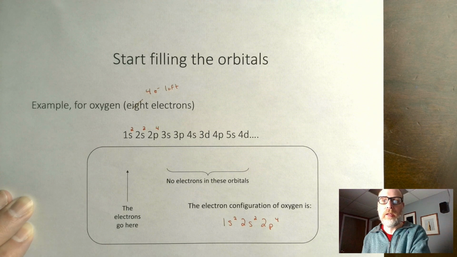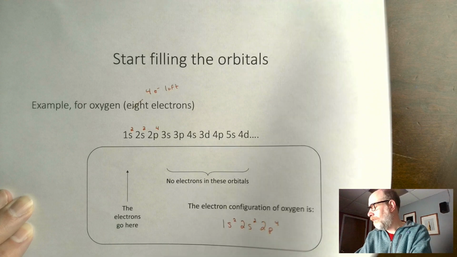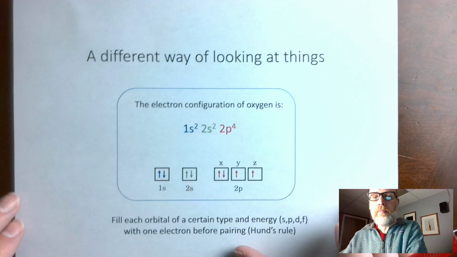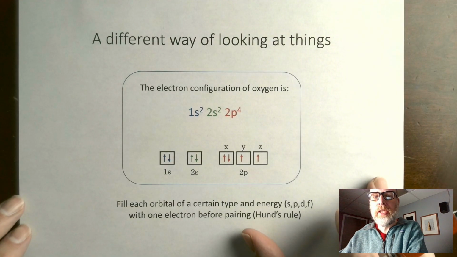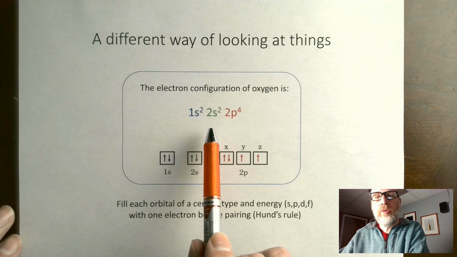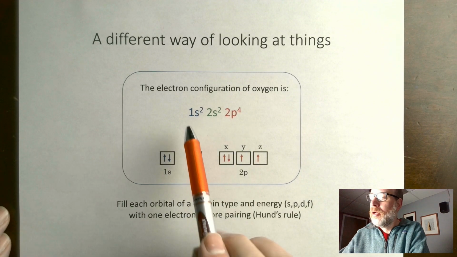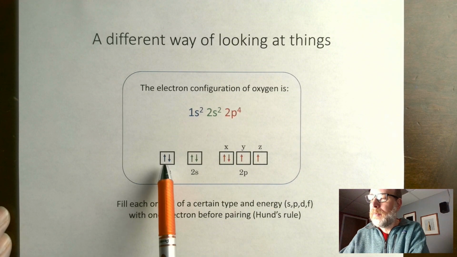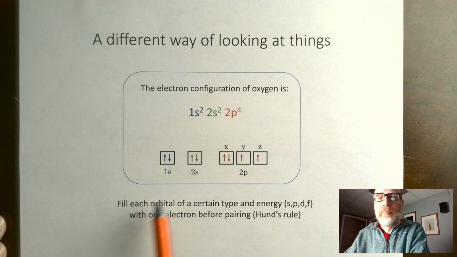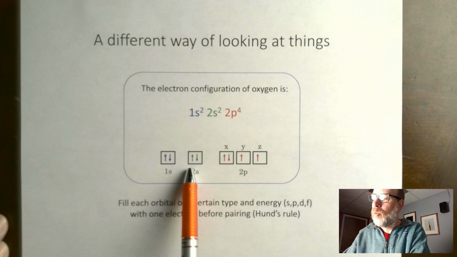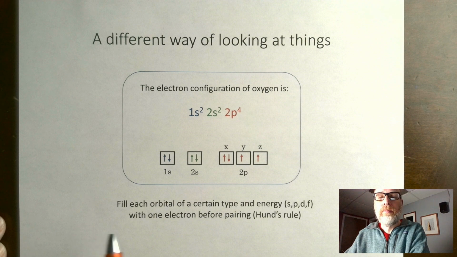You can do that. Electron configuration isn't bad once you start to see it. What about the orbital diagram? What does the orbital diagram look like? Well, we've got the electron configuration, 1s2, 2s2, 2p4: 2 electrons in the 1s, spin up, spin down; 2 electrons in the 2s, 1 spin up, 1 spin down. And then we've got the 2p electrons.